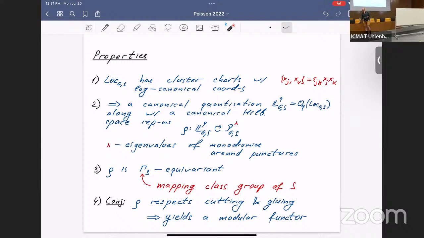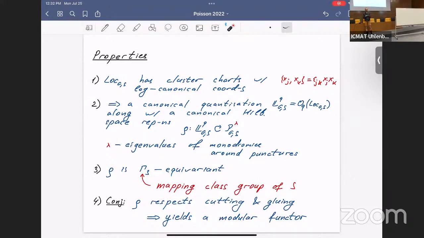So what you're aiming at here is the modular functor, which is literally a collection of representations of mapping class groups on surfaces. So for each surface, you get a representation of the mapping class group, and then this assignment respects cutting and gluing, and if life is very nice and easy, this is the same as having a 3D TQFT, and it's the same as having a modular tensor category.